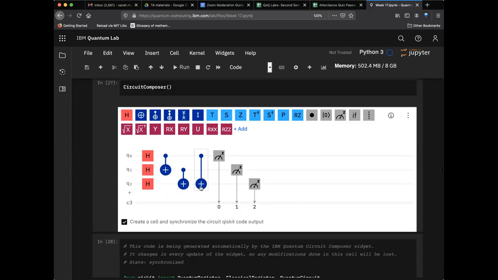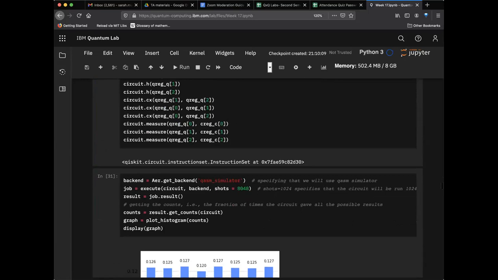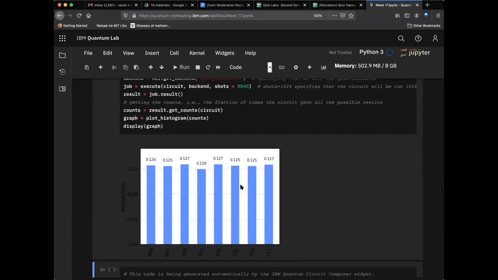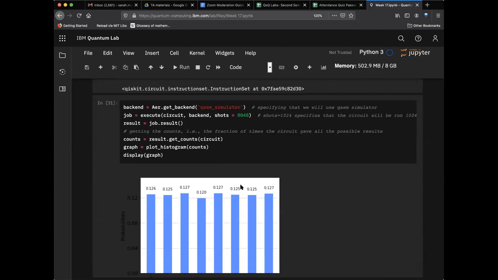I think if I delete this guy, I don't recall, I think it does remain the same, because we've done, I guess, 2 entanglement operations on these.